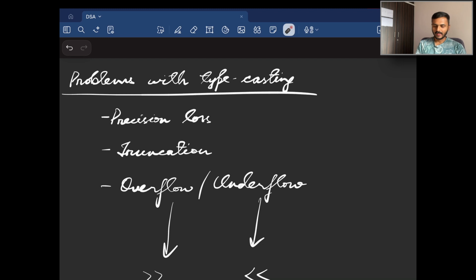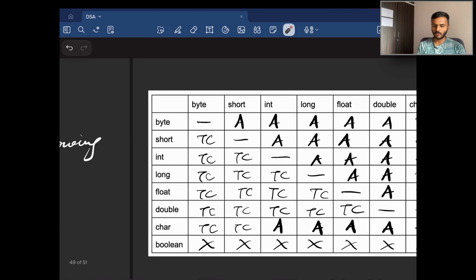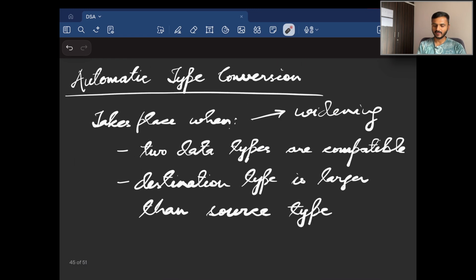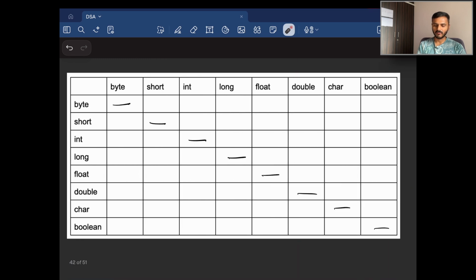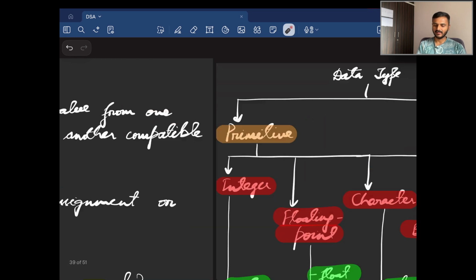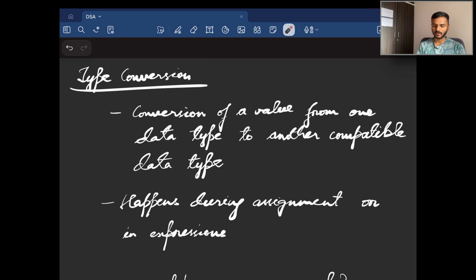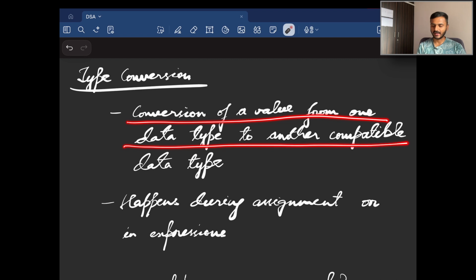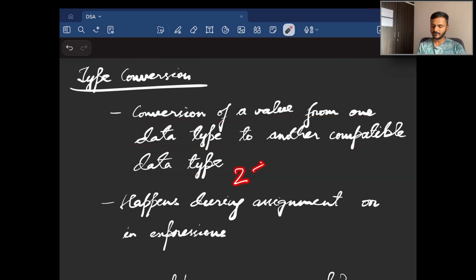So now, having discussed all of this, let's go back to the definition of type conversion and let's read this one more time, and see if we are able to understand all of it or not. So the definition says that type conversion is conversion of a value from one data type to another compatible data type, which means it involves two data types, one source and the other destination.